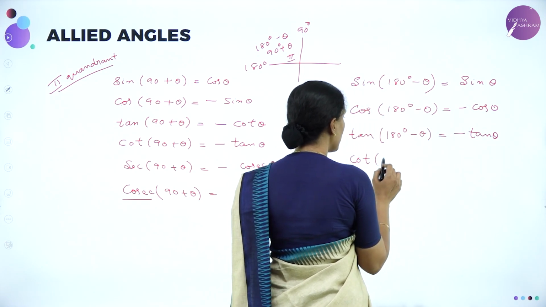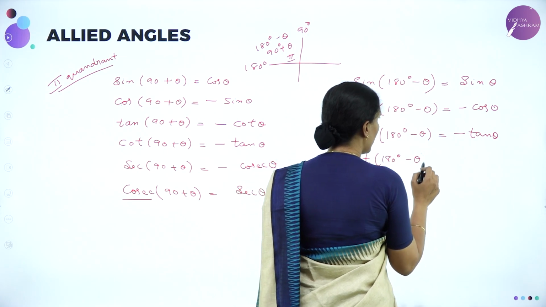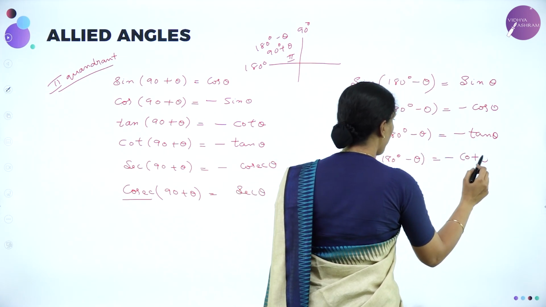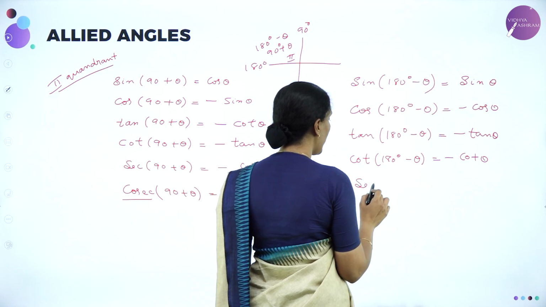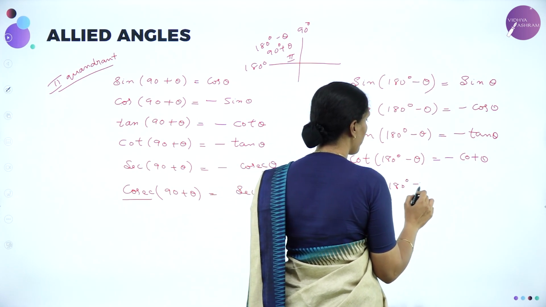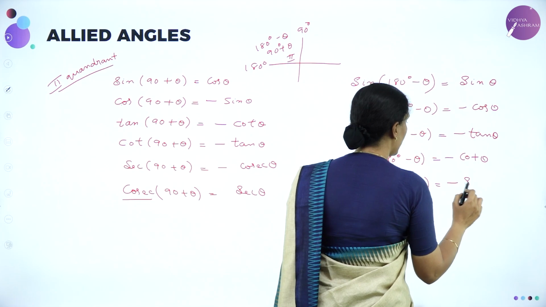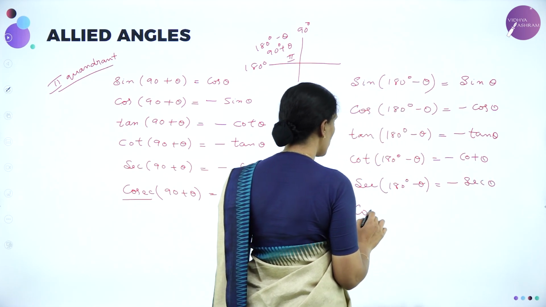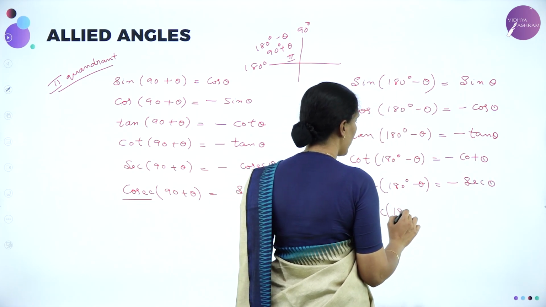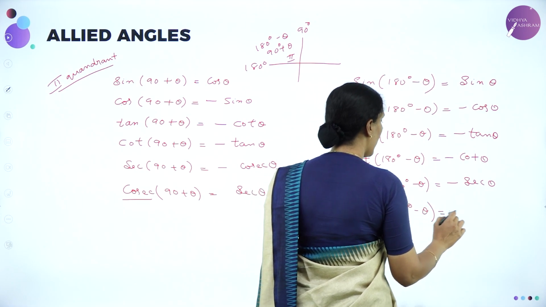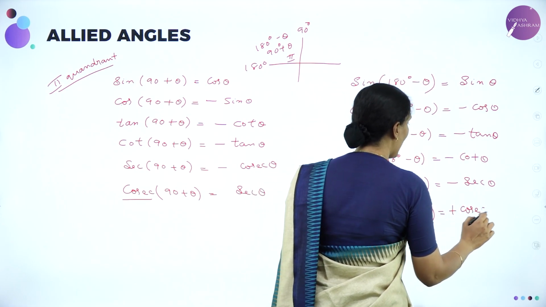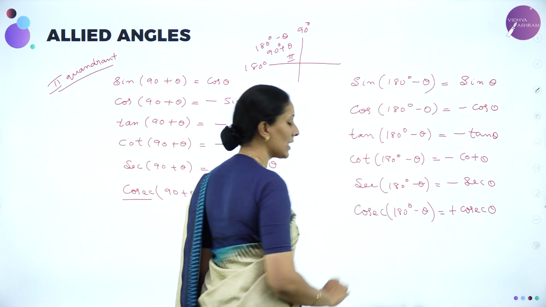Cot 180 minus theta is minus cot theta. Next, secant 180 minus theta is minus secant theta.